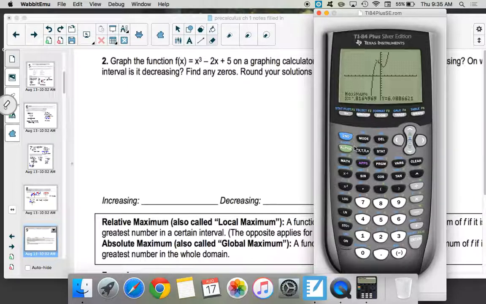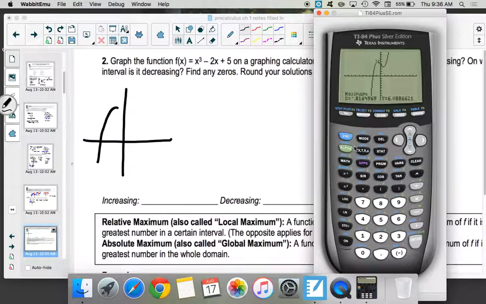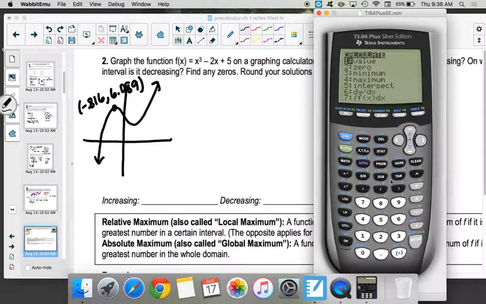So let's sketch a little rough graph. We have something like that. And this was the point -0.816, comma 6.089. Again, we're not really worried about that y value, but I'll write it. Then we want to find that other point, so we want to find the minimum. Again, we do second trace, and we find the minimum.